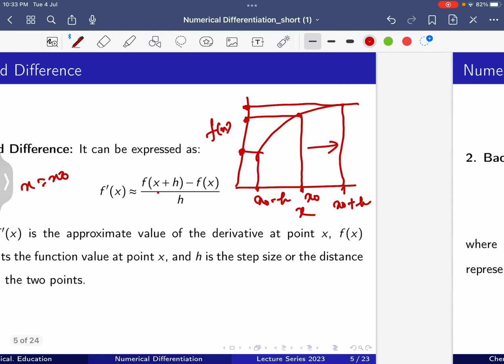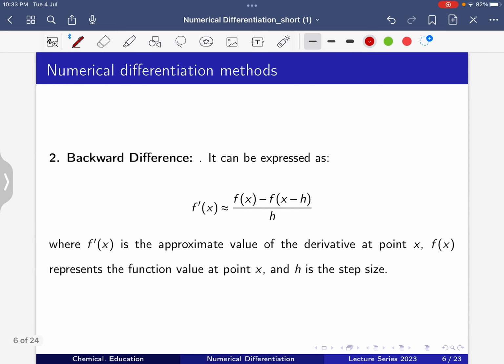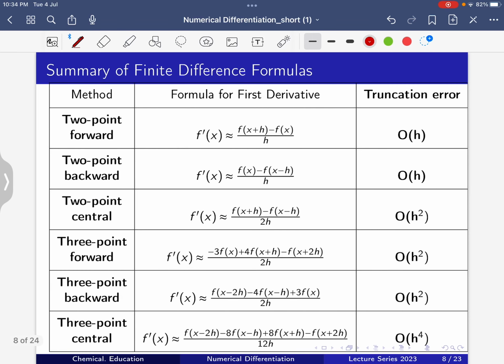Here this is x0 plus h, and the corresponding function value is here; x0 minus h, and the corresponding function value is here. Again take the difference and divide it by 2h, and we can easily get the numerical differentiation at x0. Now here I am giving the table.